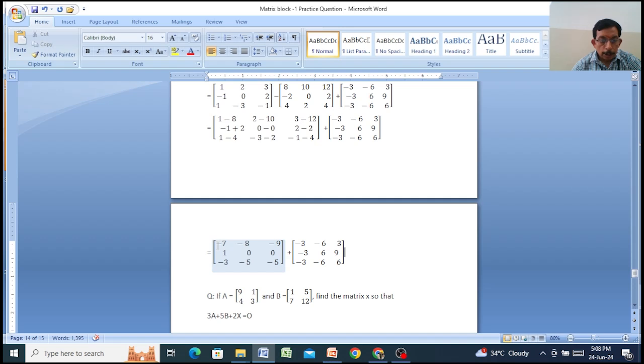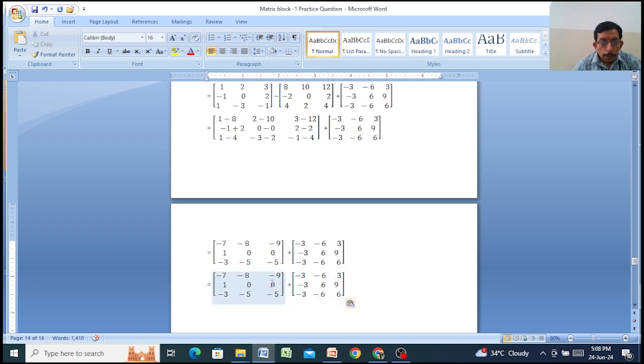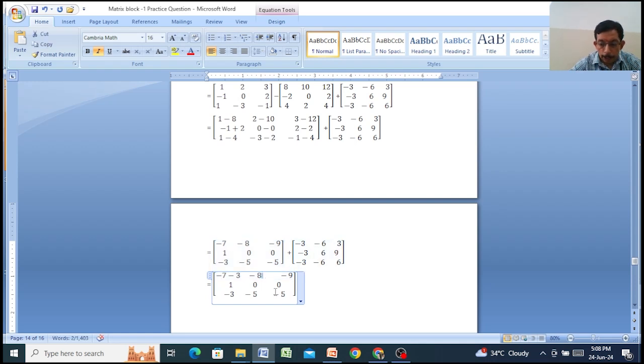Now we add these two matrices by the addition method. Minus 7, the corresponding element is minus 3, so minus 7 minus 3. Minus 8, the corresponding element is minus 6, so minus 8 minus 6.